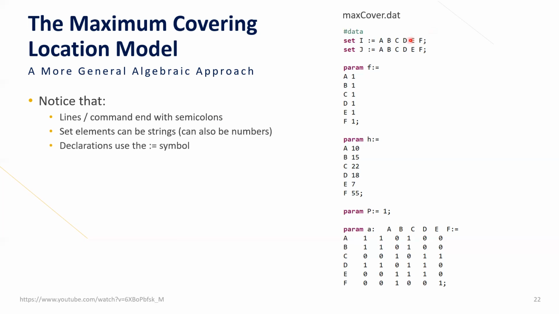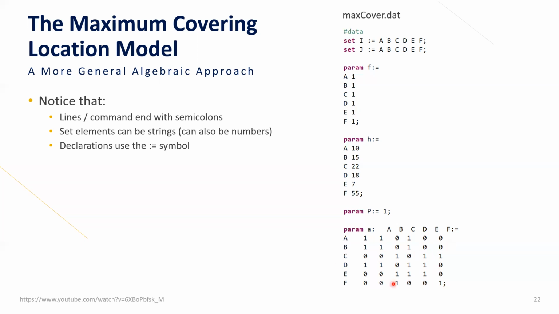And the declaration colon equals means set I has the value of this one. Also this one: parameter f has the value fA equal to 1, fB equal to 1, something like that.